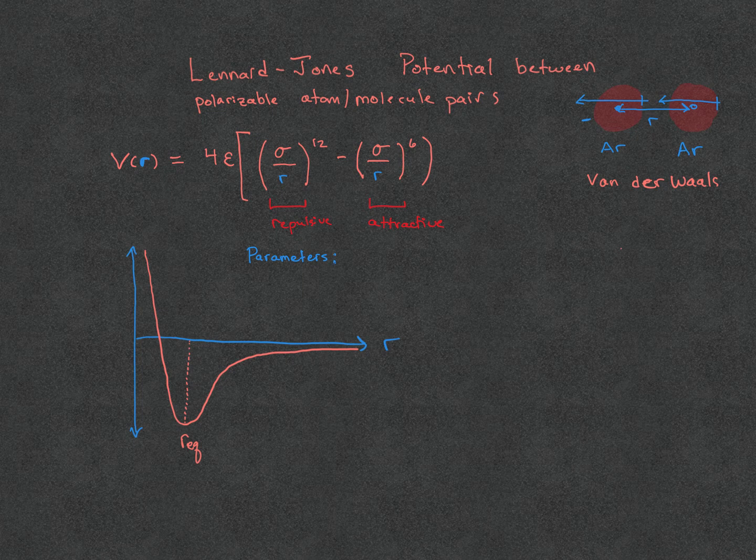When I say embodiment, I mean when I apply the Lennard-Jones potential to two argon atoms, that's one embodiment. I'm going to apply this general potential to a specific system. So it's got parameters sigma and epsilon. What should be the dimensions of epsilon, and what should be the dimensions of sigma?